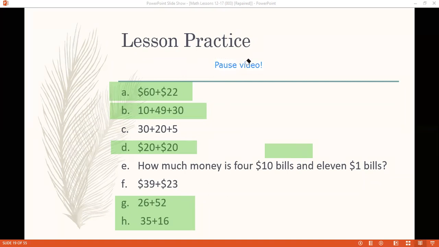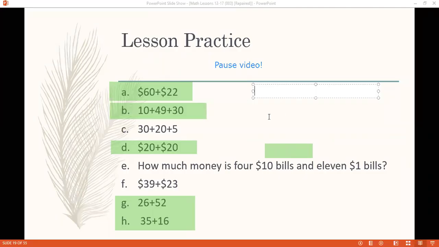All right, now let's do number A, or lesson A. So 60 plus 22, which is our larger number? Yeah, it's 60. So 60, and then plus 22.